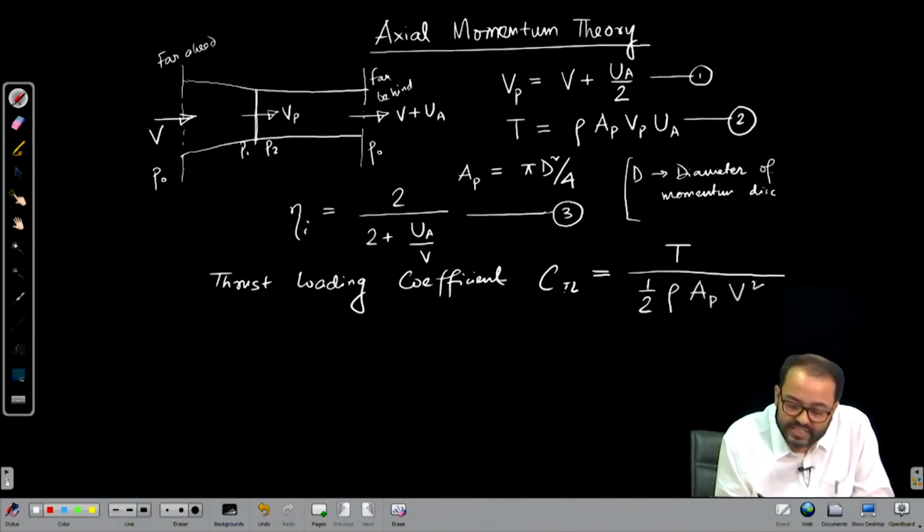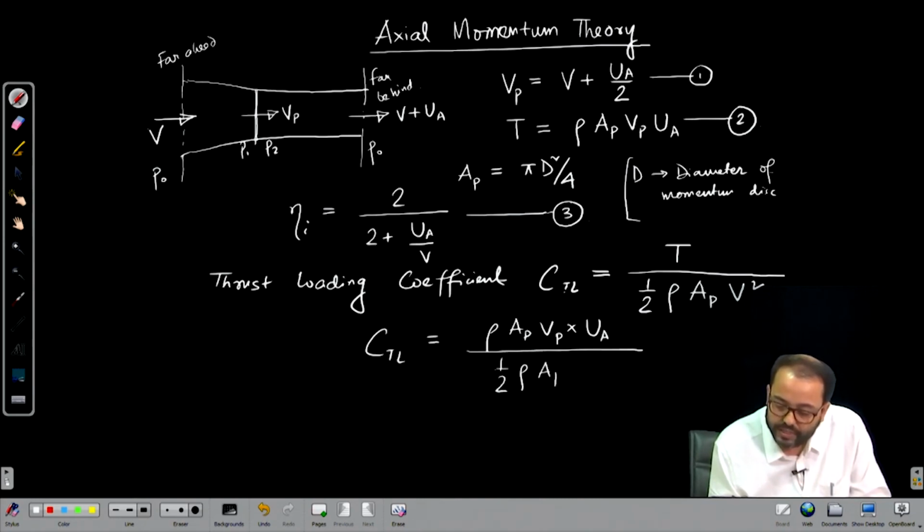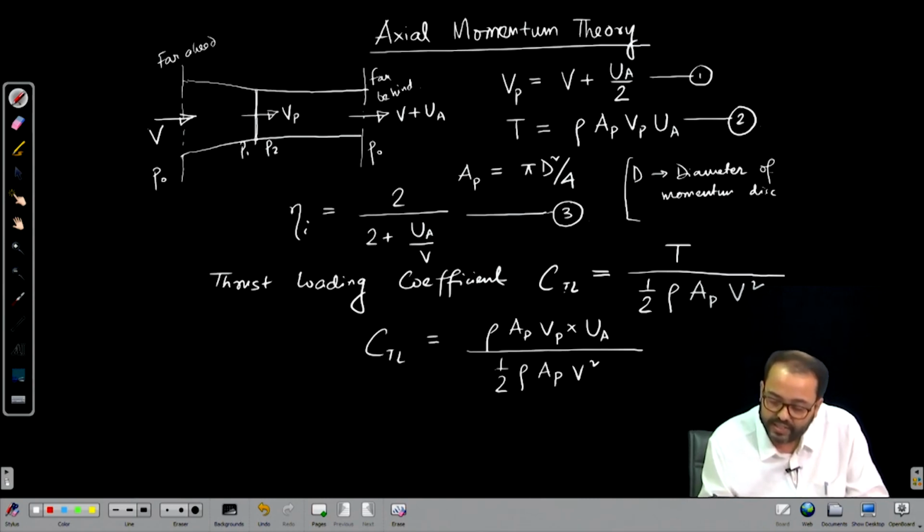So, what is T? T will be rho Ap into Vp into Ua, and in the denominator we have half rho Ap V square. So, rho Ap cancels out. So, what is Vp? Vp is V plus Ua by 2 into Ua, and we have half V square.